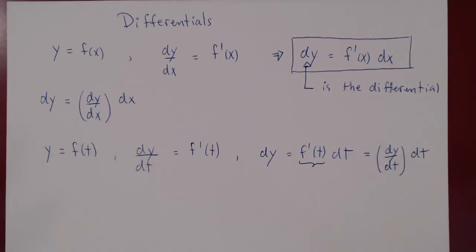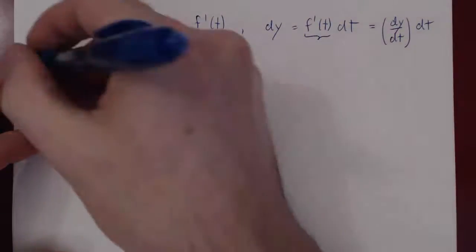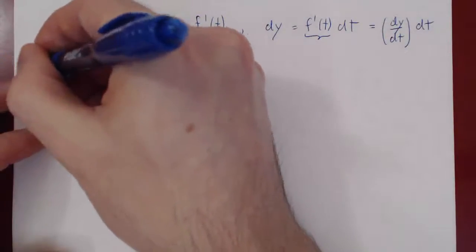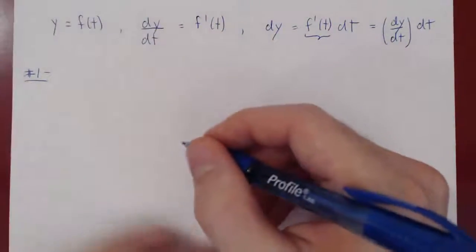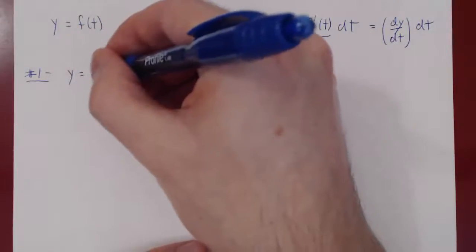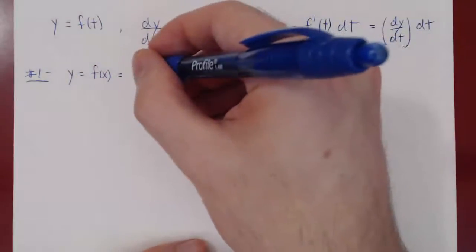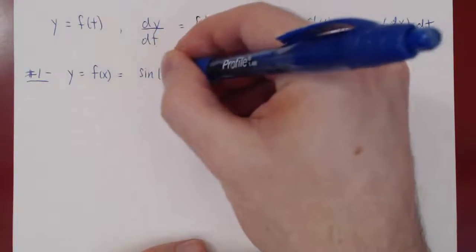So let's do some examples. So the question will be, in the following problems, for each function y, find the differential of the function. So what if we have a function that is a function of x? And say the function is sine of x cubed.